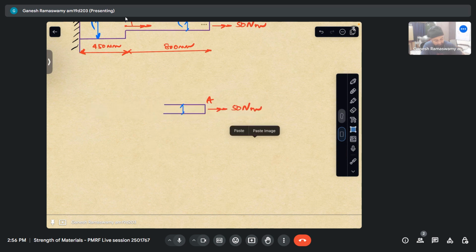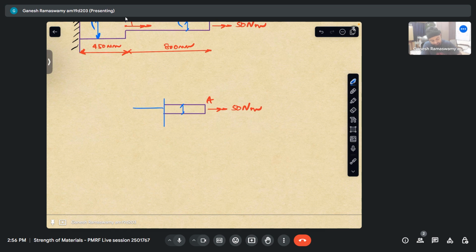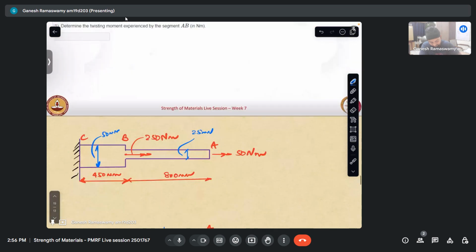I know this is positive 50, and on the left face I will have that pointing in the opposite direction. MT will be pointing this way. This is positive MT. Both are equal to each other because one is the negative of the other and the sum of both is equal to 0. So therefore this is equal to plus 50 Newton meter.